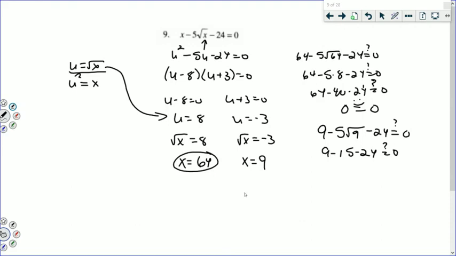It's going to give us some negative number that I don't really feel like calculating. This is not true. Therefore, 9 does not work as a solution. Okay, just 64.